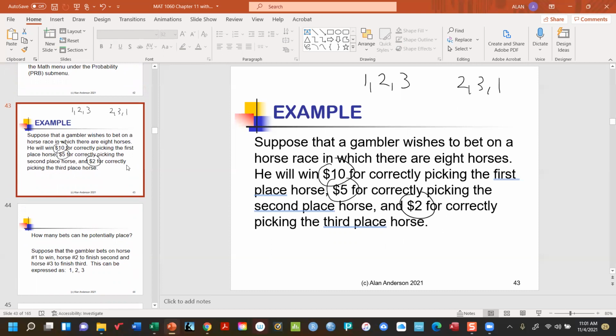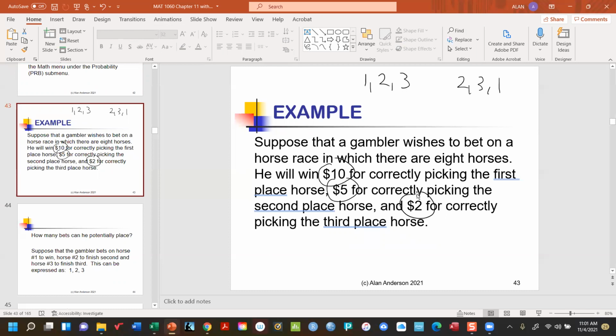The prize money depends on which horse is first, second, and third, so you're typically asked to bet on the first 3 places. Imagine a scenario where there are 8 horses in the race and you're asked to bet on 3 of them. For example, you could bet that horse number 1 wins, horse number 2 finishes second, and horse number 3 is third.